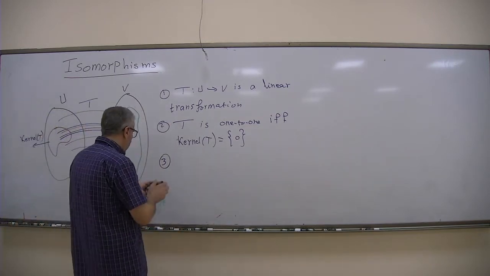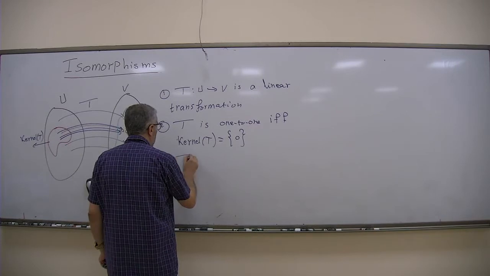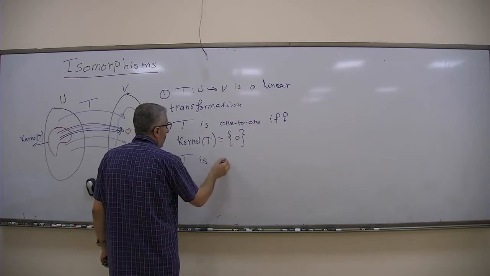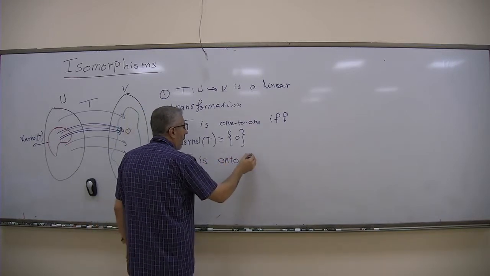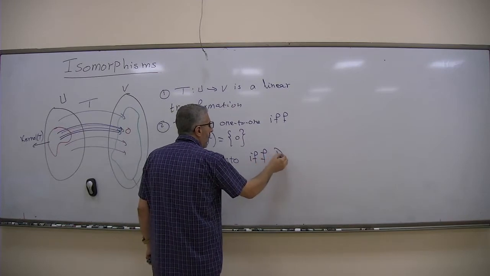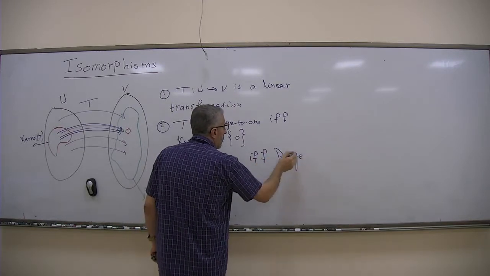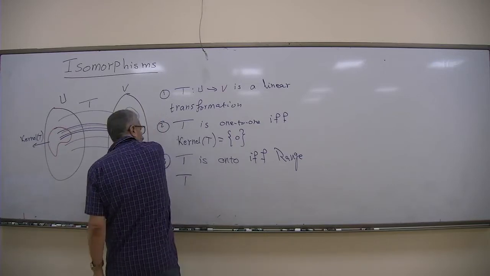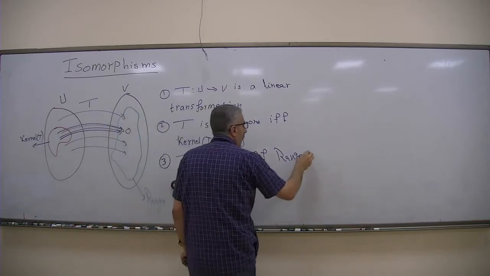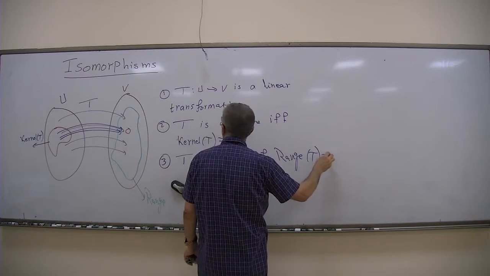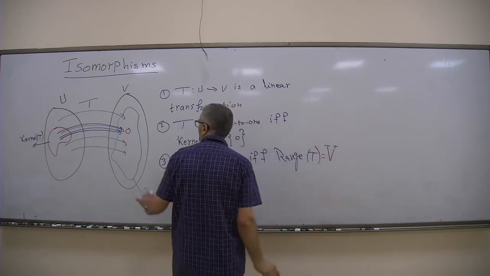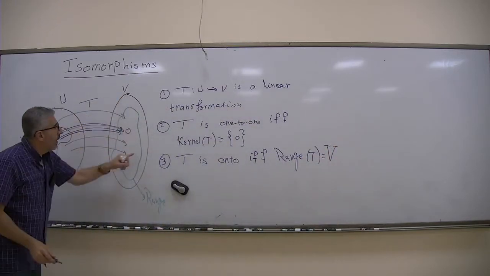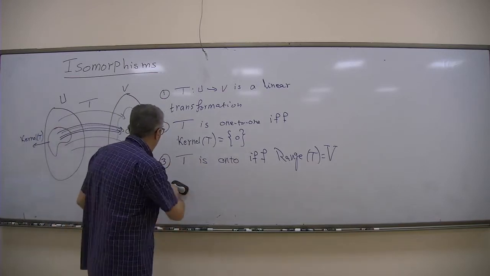So T is onto if and only if range T equals V. If the range of T covers all of V, in that case, T is onto.